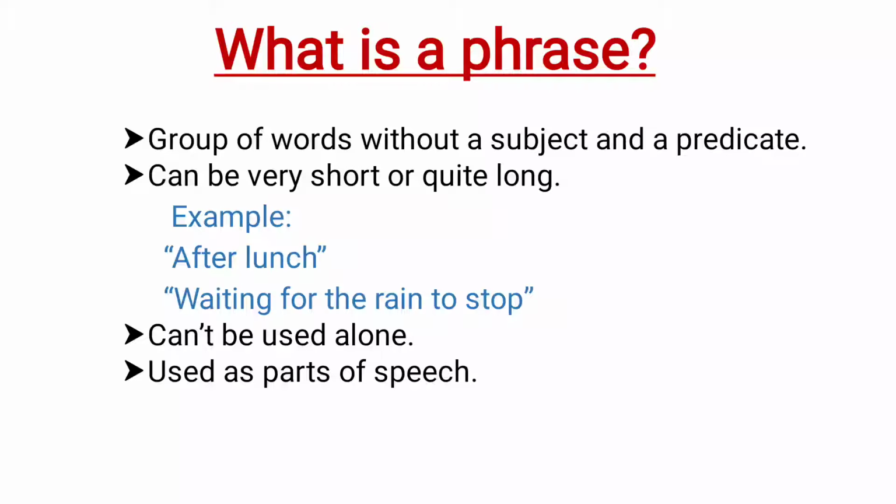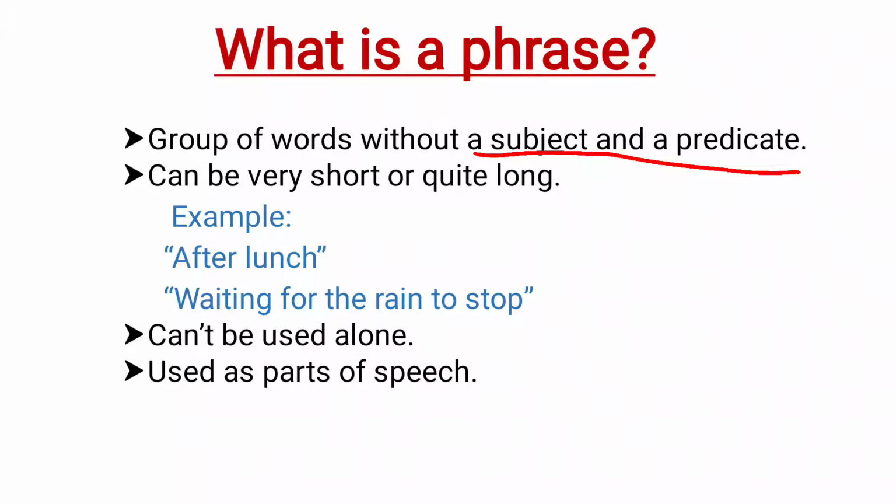It means they may play the role of a noun, preposition or an adverb, and on the basis of that they are referred to as noun phrase, adverbial phrase, or prepositional phrase, which we will be understanding in another video. So I hope now you have understood that a phrase does not have a subject and predicate combination.